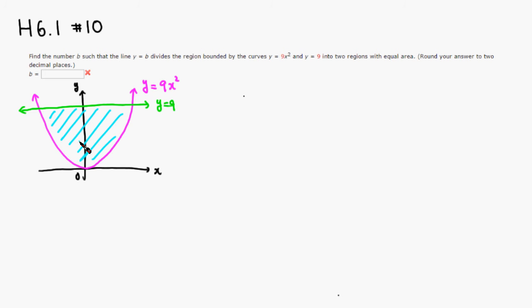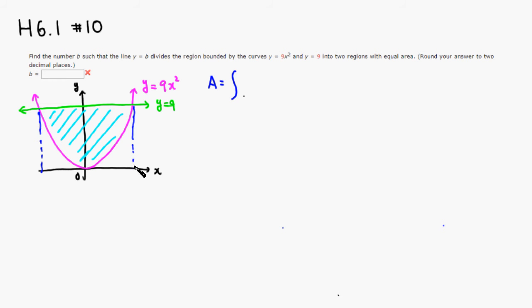Let's find the area. We can do it either way, with respect to x or with respect to y. For the first one, I'll do it with respect to x. So the area is going to be an integral, and we have to find these values here and here.